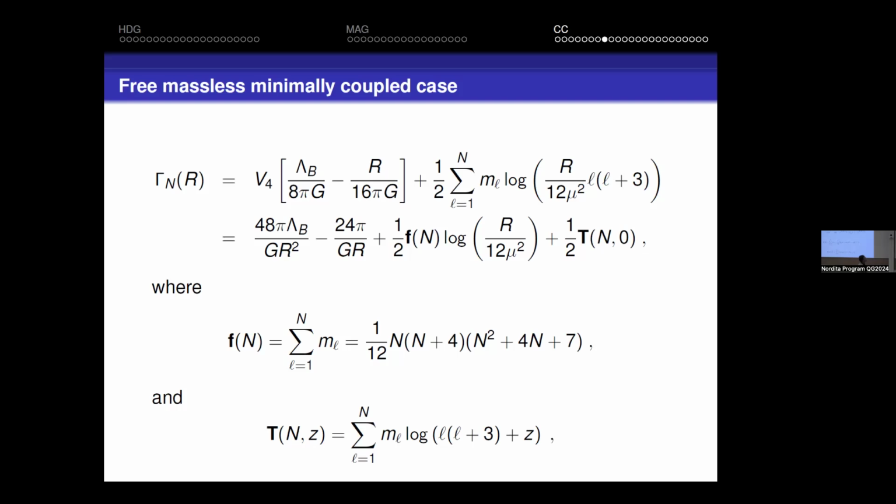Then there is the log of L(L+3). But this is field independent. It doesn't depend on R nor on the scalar field. It's just this constant. If you consider just a massless minimally coupled theory, this part is field independent, so you can forget about it. You just consider these three terms: something that goes like 1 over R squared, something that goes like 1 over R, and things that go like log R.